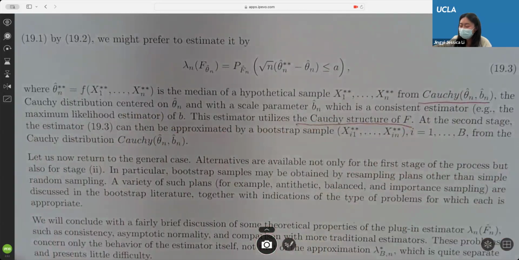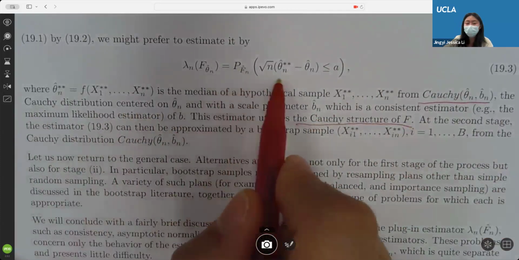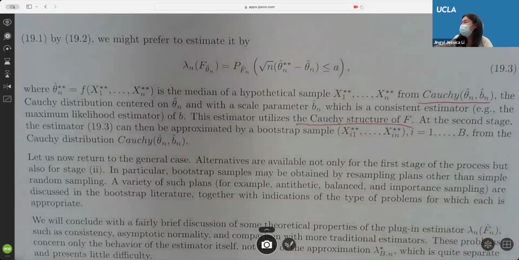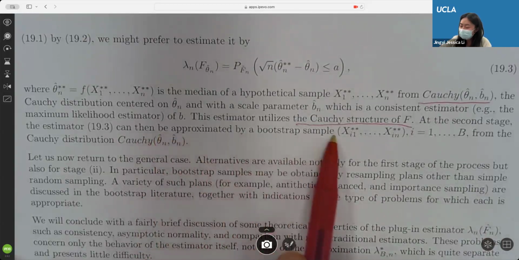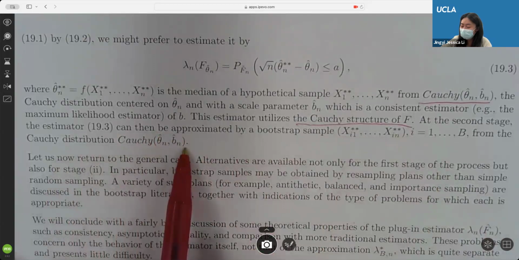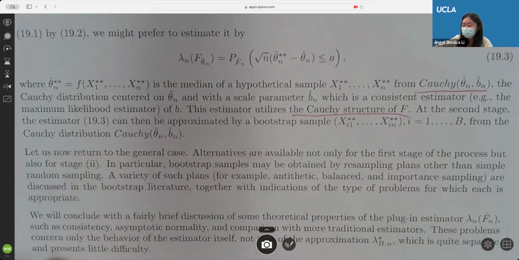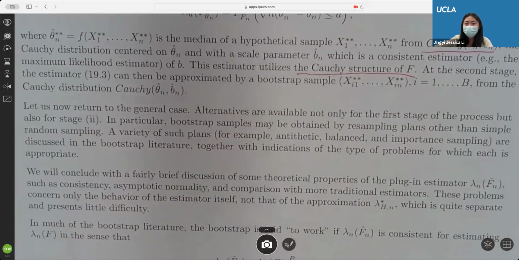Then at the second stage, you use this estimator instead of the previous one. We use double star to indicate that the hypothetical sample is sampled from the parametric distribution. That can then be approximated by a bootstrap sample from the Cauchy distribution with the parameter estimates. That's called the parametric bootstrap.